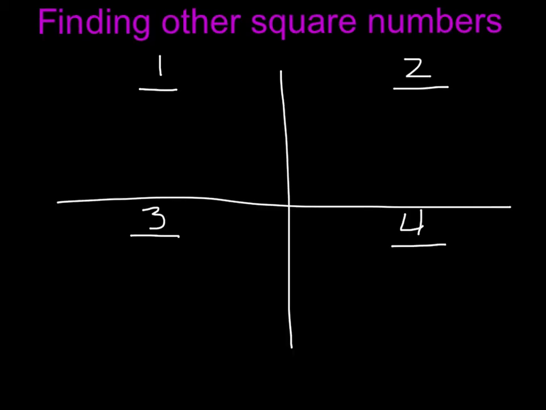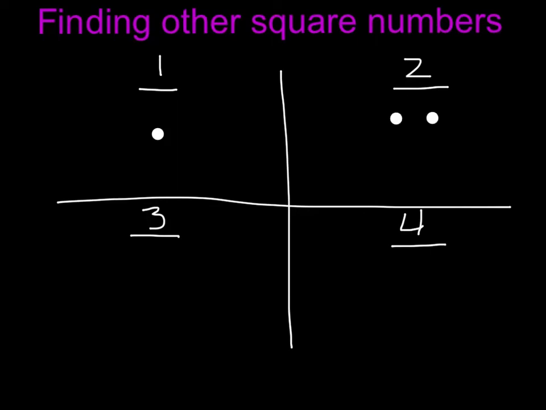Now let's talk about finding other square numbers. Let's look at the following numbers: 1, 2, 3, and 4. Can square arrays be drawn for these numbers? The number 1 can be represented by a square array because it has the same number of columns as it does rows, 1 of each.